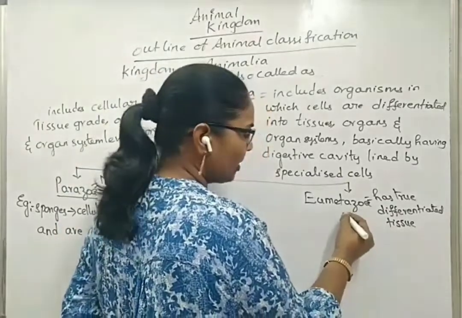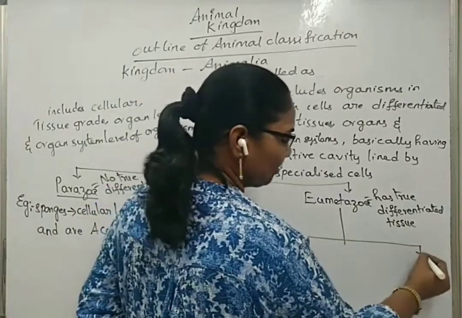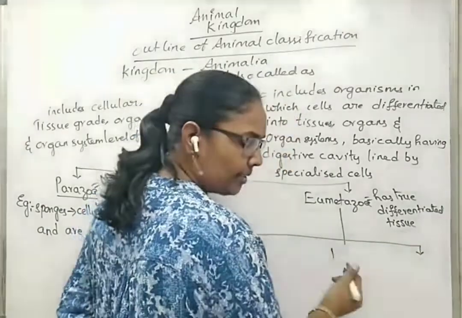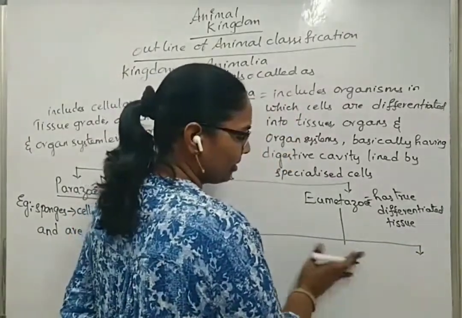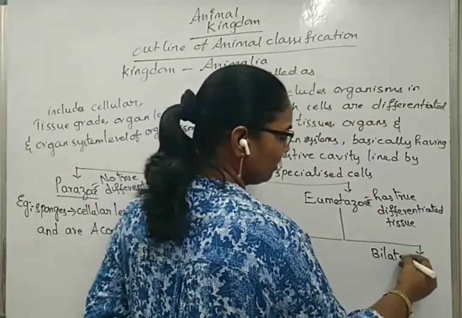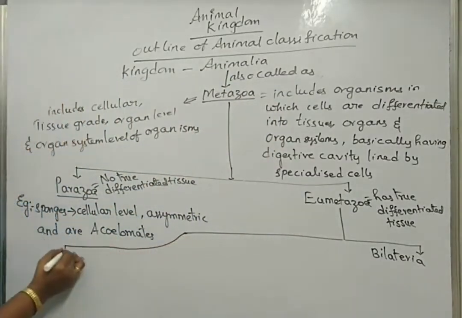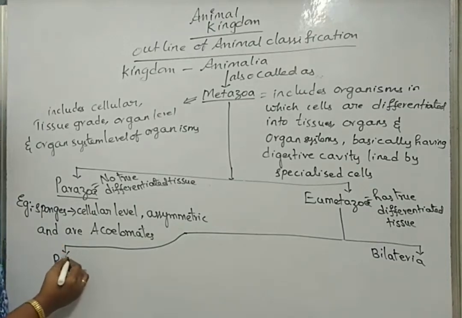These eumetazoans are again classified into bilateria, or bilaterians, and radiata, or organisms with radial symmetry.